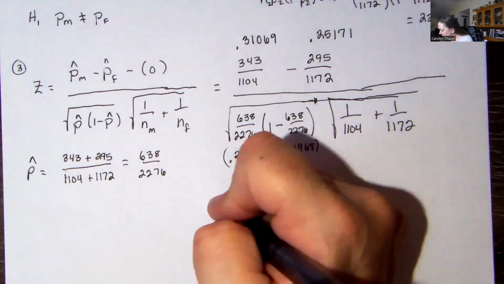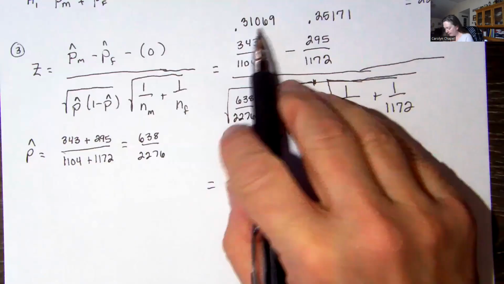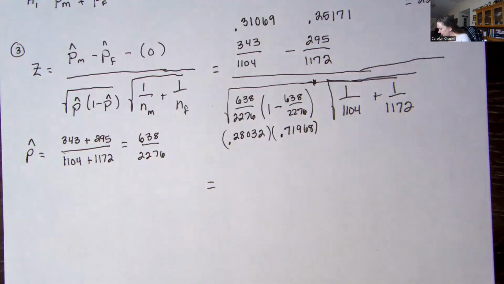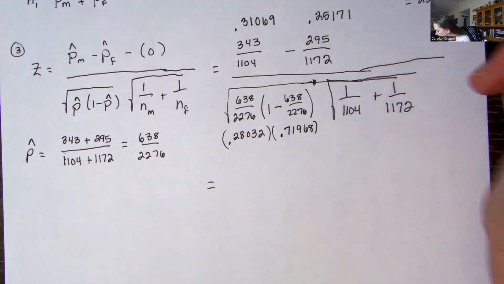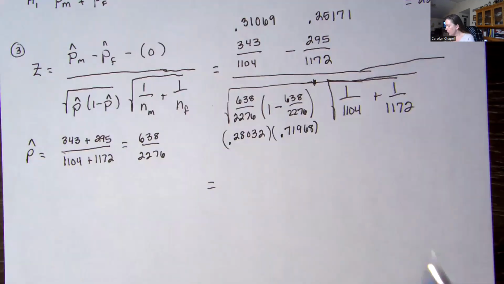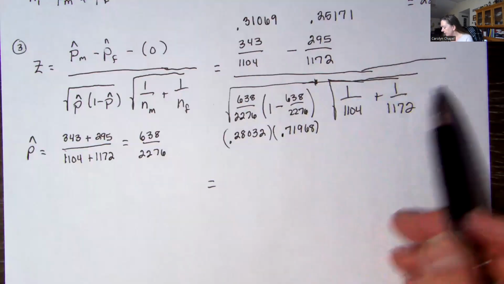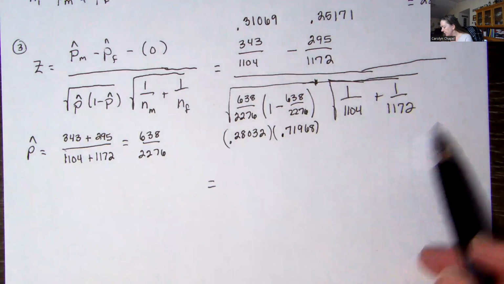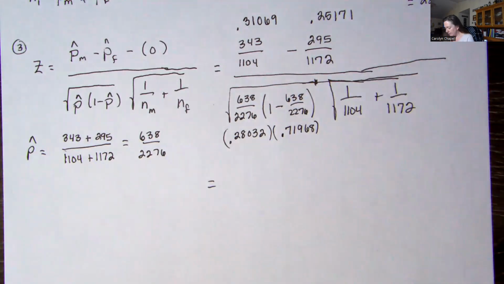Okay, so now grunting this all out, I'm going to do the subtraction first: 0.31069 minus the 0.251171. I'm going to get that value. So I do this subtraction, I hit my equal button. Now I need to make sure to divide by all of this, so I have to be a little bit careful.